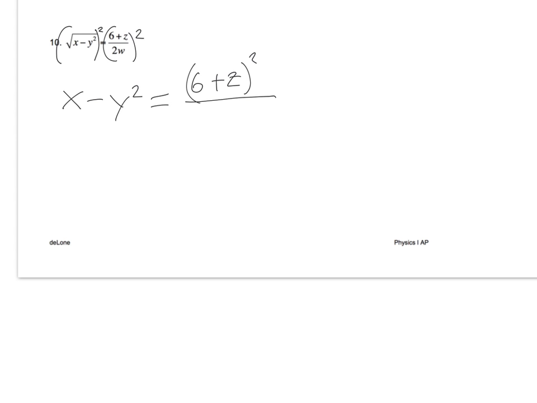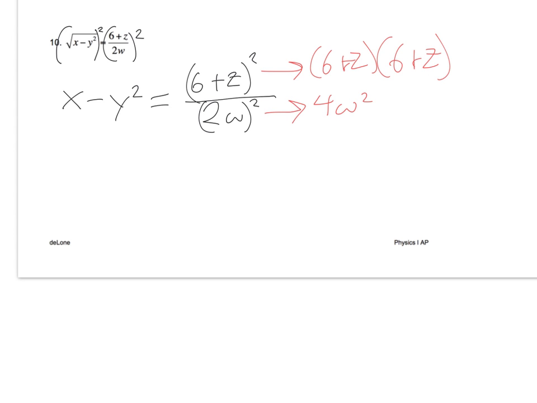And then on the bottom, okay, I'm going to have the quantity 2w squared. It's important to note that this can become 4w squared. That is okay. This one, if you want to square it, keep in mind that you need to do 6 plus z times 6 plus z. This does not become 36 plus z squared.